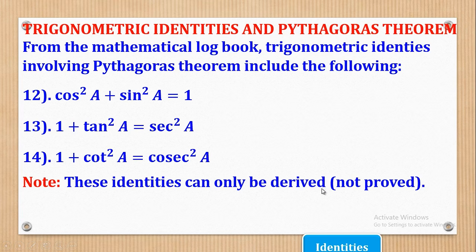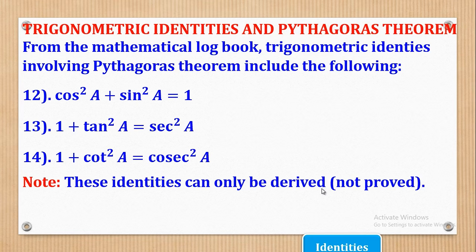Now in trigonometry, identities can either be derived or proved or shown. Showing and proving is the same, but deriving is different from those two.